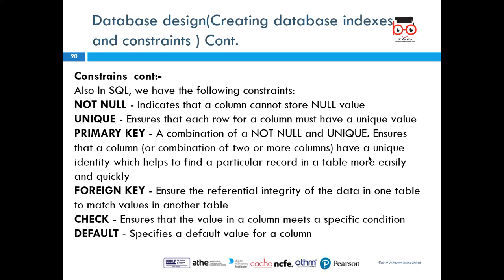Then we have primary and foreign keys, where a combination of not null and unique ensures that a column or a combination of two or more columns has a unique identity, which helps to define a particular record in a table more easily and quickly. Then foreign key, which ensures the referential integrity of our data in a table to match the value in the other table.